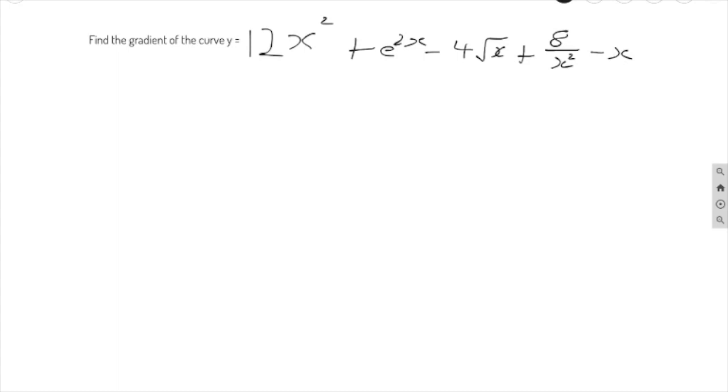Pretty long one, big question, but let's do what we can. Well, no, this is a bad question. Okay, let's finish the question because I'm asking for a gradient. Let's say at the point x equals 1.